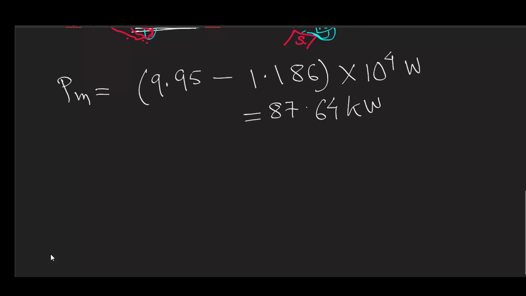Correct. Now once you get that, the maximum power developed, now you will get the maximum output power. So we need to subtract the constant losses from it.